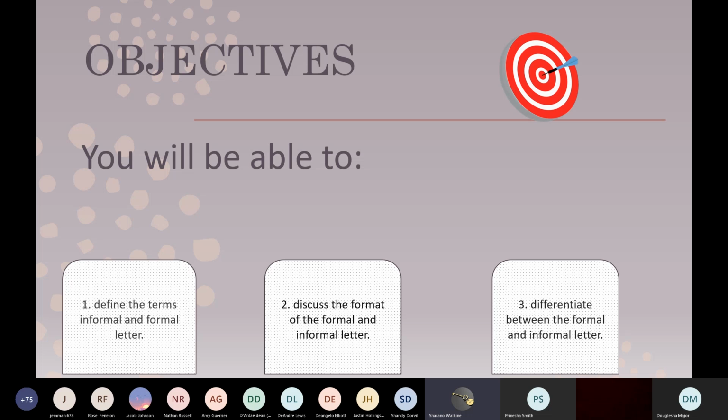So refresh me, okay? What is the tone of a friendly letter? Give me an adjective that would describe the tone of a friendly letter. I see Alicia with casual. Anyone else?